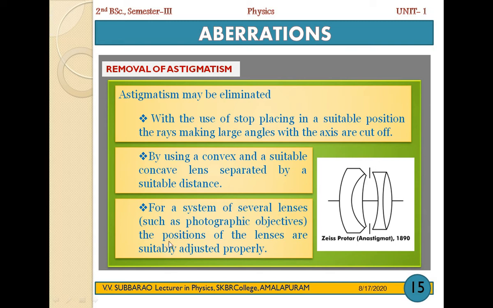For a system of several lenses, the positions of the lenses are suitably adjusted so that the system eliminates astigmatism. If the system contains more lenses, then their distances should be properly adjusted to reduce the astigmatism. These are the various methods to eliminate or reduce astigmatism.